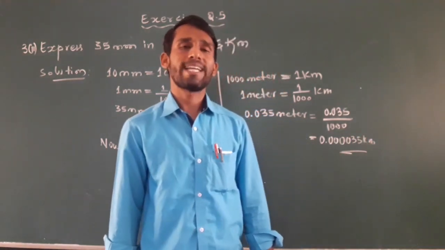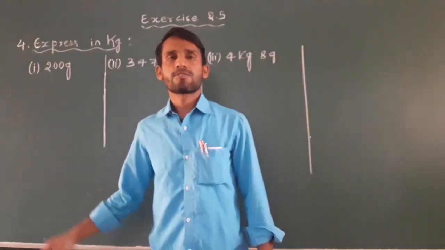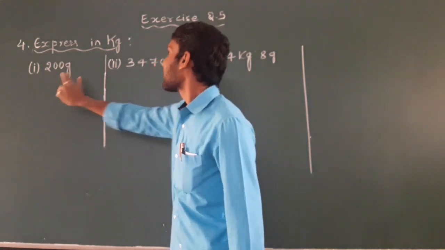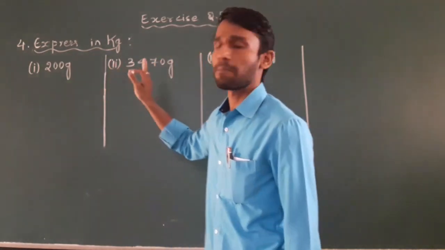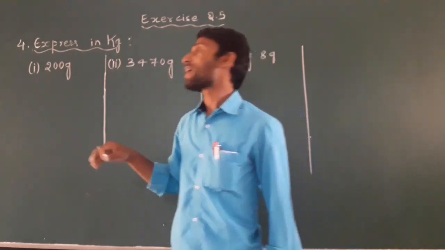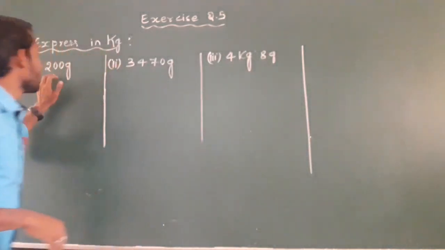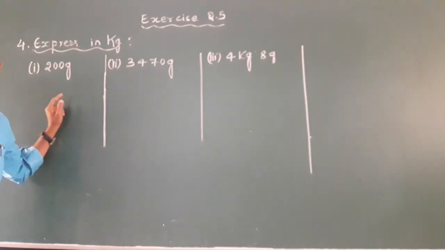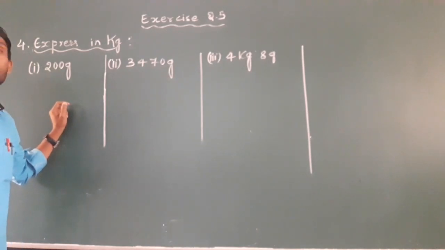Next I am going to take the fourth main. Dear friend, here we have 3 problems. We have to express these grams in kg. As you know, for 1 kg, how many grams? For 1 kg, 1000 grams.